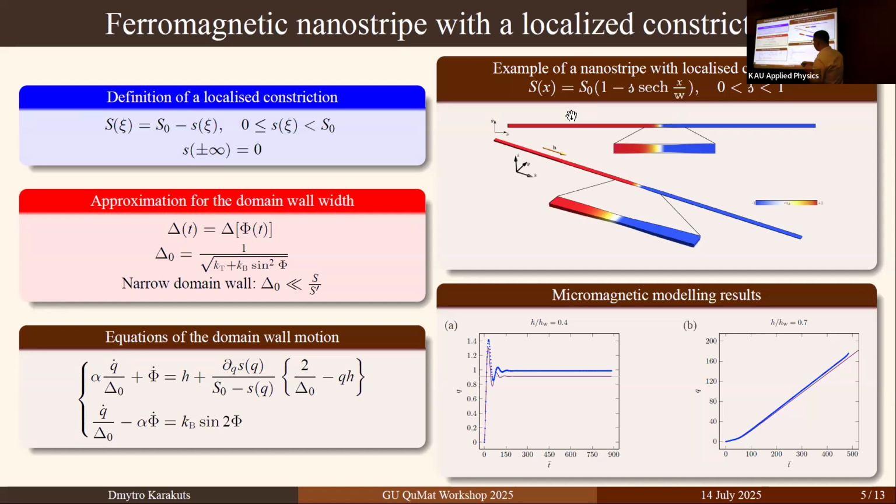In addition to that, in the equations we will be using the equilibrium value for the domain wall width, shown here. By calculating domain wall energy and applying the Landau-Lifshitz framework, we can derive equations of the domain wall motion shown here.